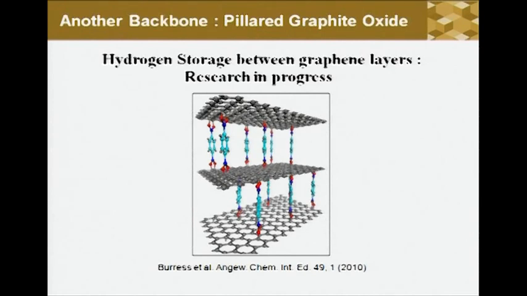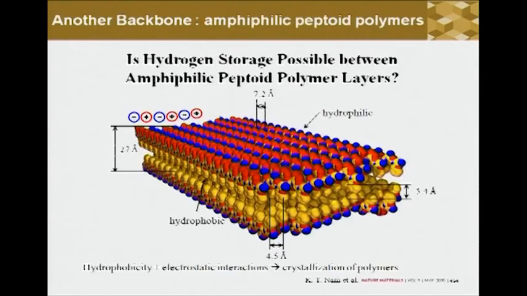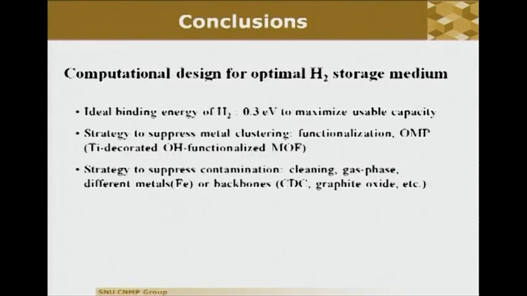Graphene is so popular, and there is a lot of research going on, so we want to insert things inside and store hydrogen in between. And also some biomaterials still in progress. So in conclusion, I introduced some efforts in Korea to make hydrogen storage materials, and these are the summaries. Thank you very much.